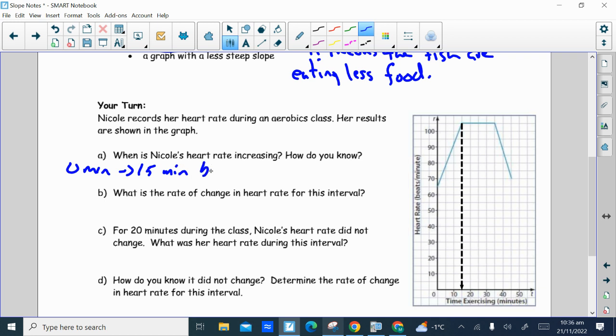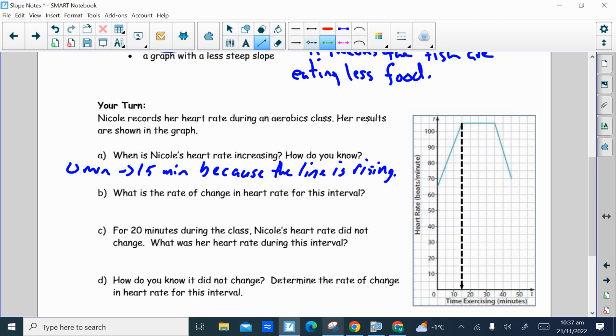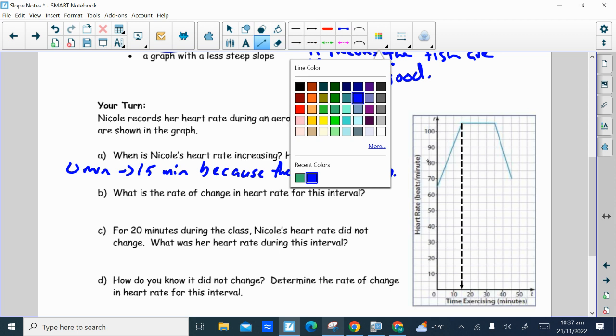And we know that because the line is rising. The line is rising, so that's how we know that that is where her heart rate is increasing. What is the rate of change in heart rate for this interval? Well, if we calculate the rise and the run, let me change colors here.